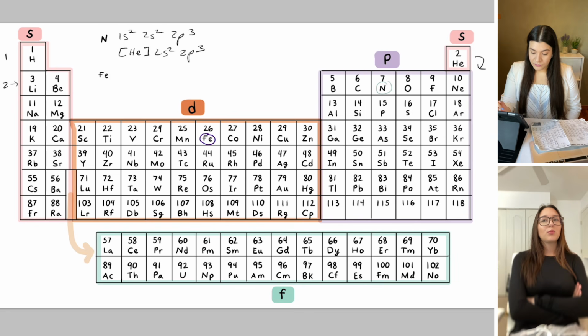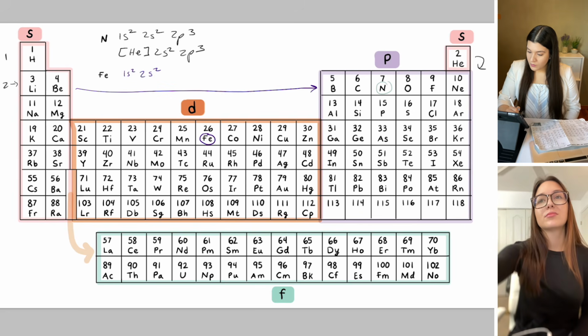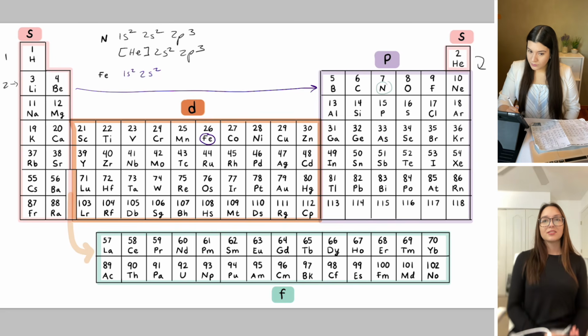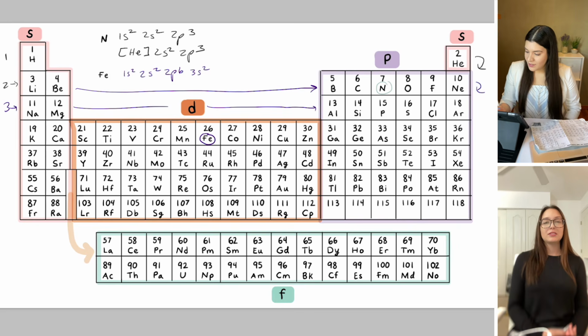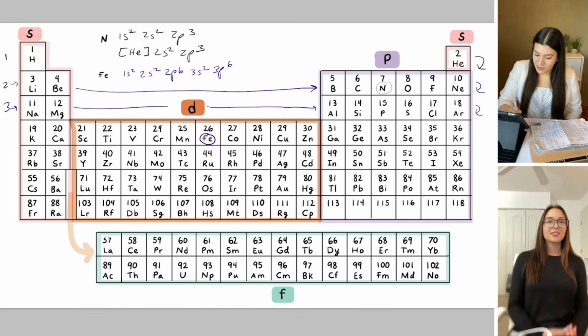So 1s2, 2s2. Good. 2p6. You're right. 3s2. Correct. And we're then moving across, 3p6. Perfect.